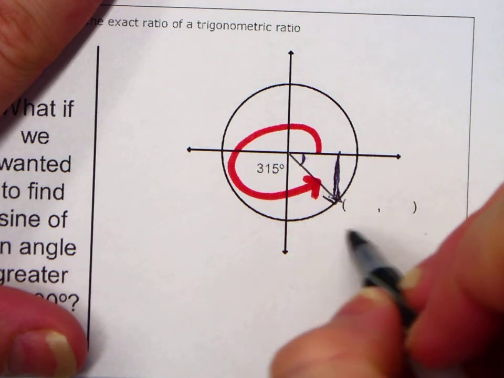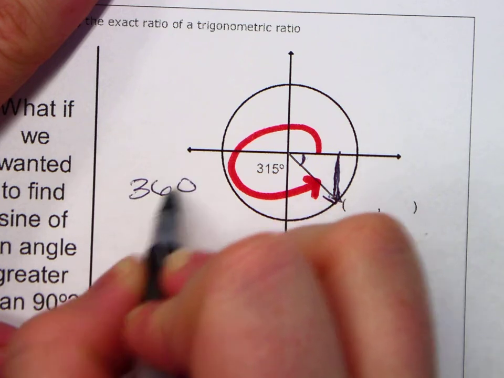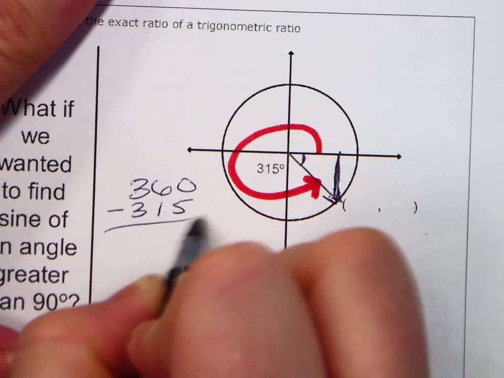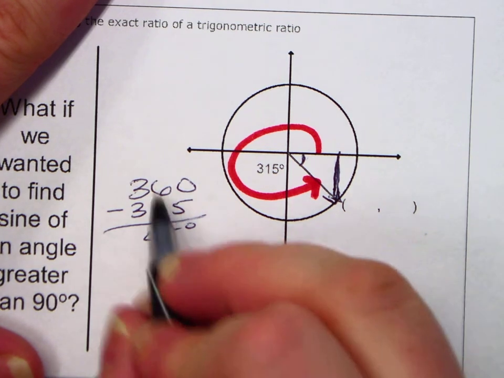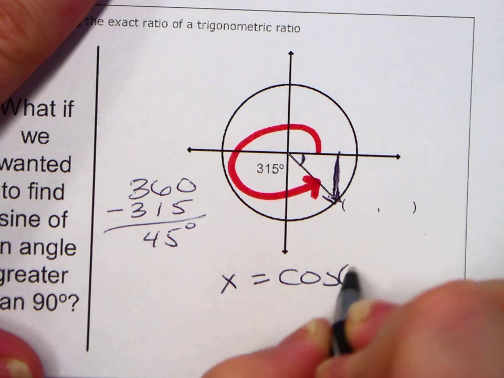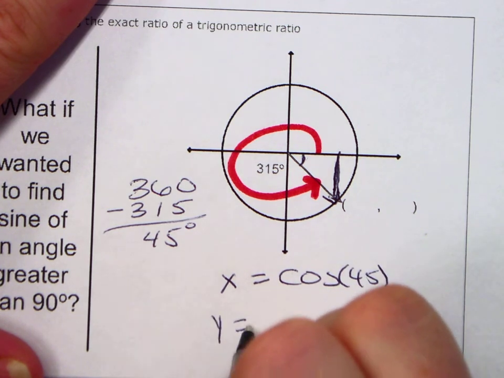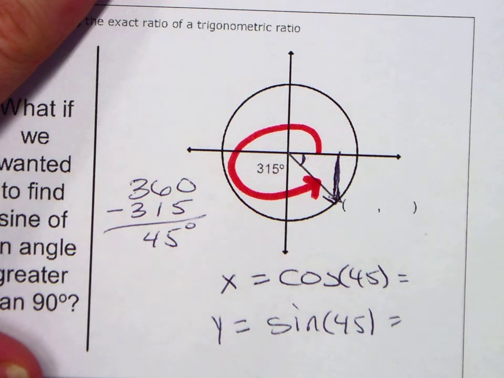So what did we do on Friday? We took 360 minus 315 and got 45 degrees. So here we're going to use 45. So x is cosine of 45. Y is sine of 45. What's your 45?